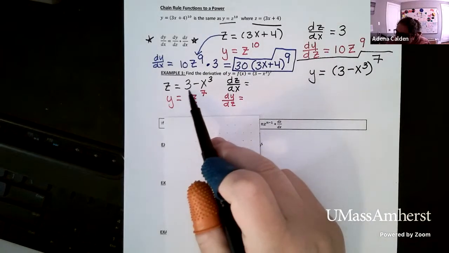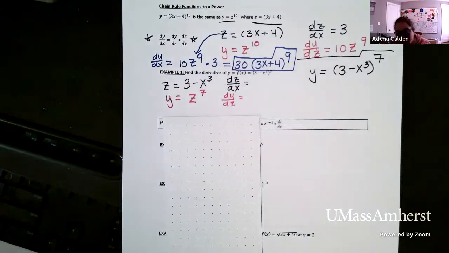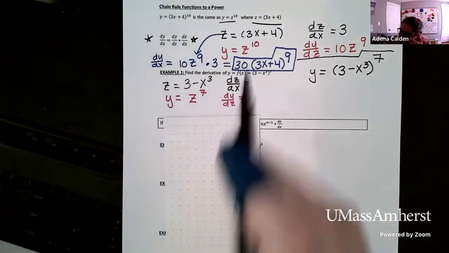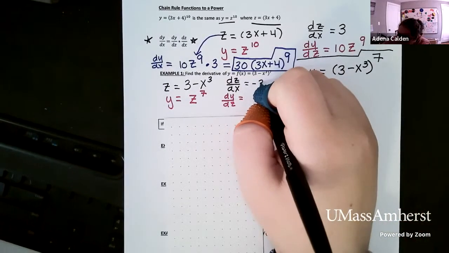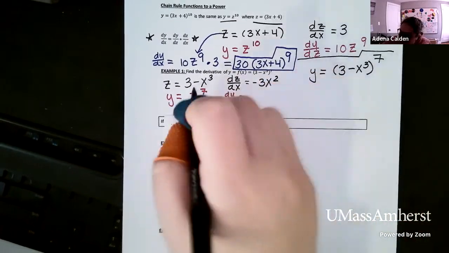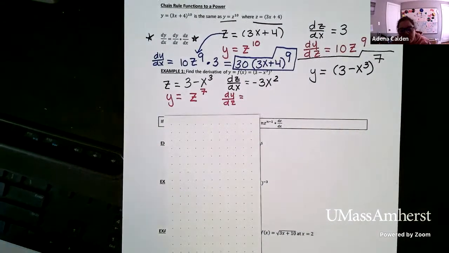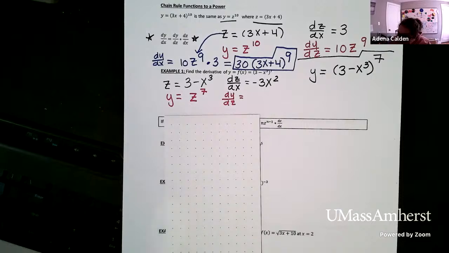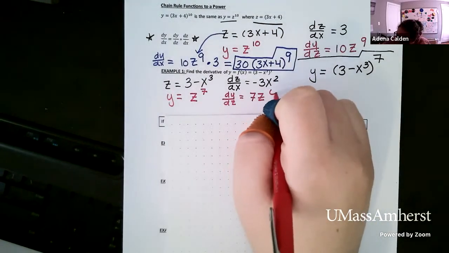So the derivative of z with respect to x: the derivative of 3 will be 0 because that's a constant by itself. And then for the minus x cubed, the derivative will be minus 3x squared. So the power comes down and we subtract 1 from the power. For z to the 7th, dy dz, the 7 is going to come down, and then we're going to subtract 1 from the power.